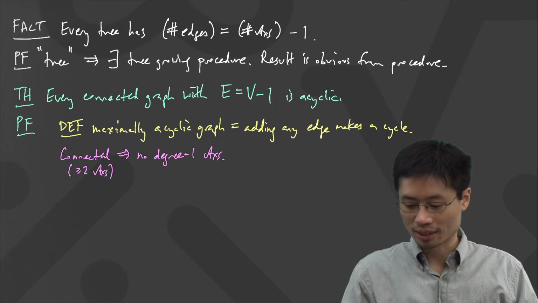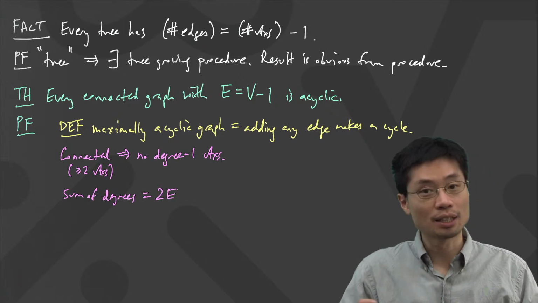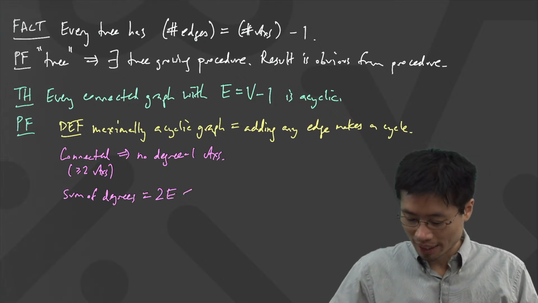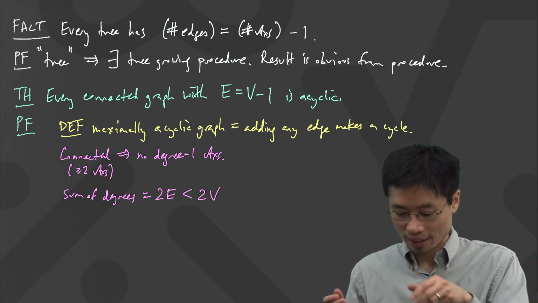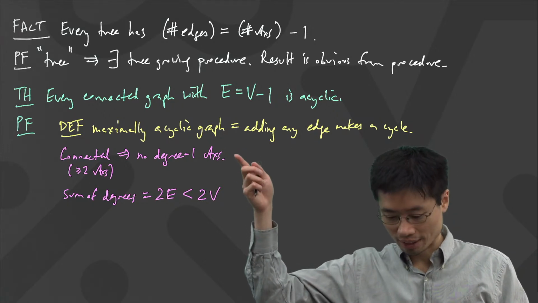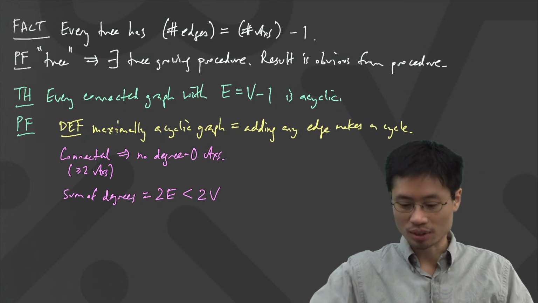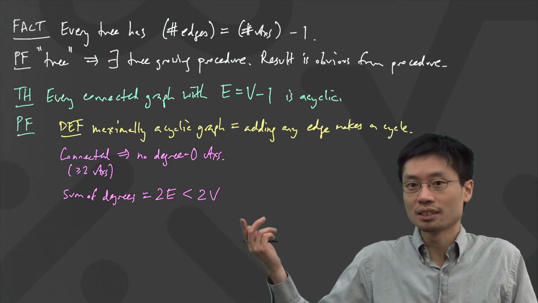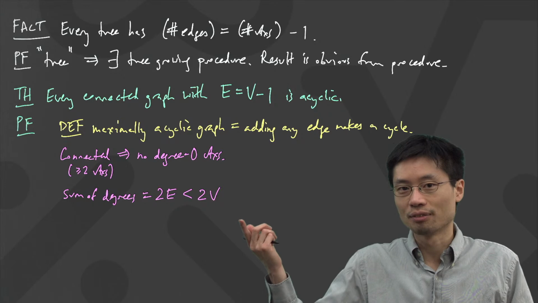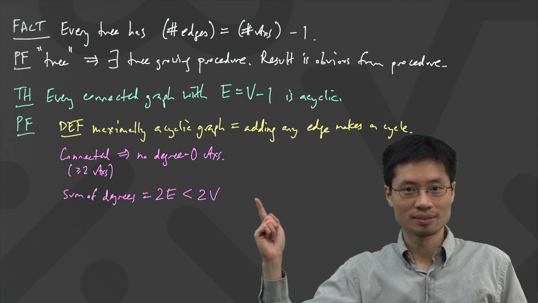And you know also that the sum of the degrees is equal to twice the number of edges. That was the handshake lemma which we did last time, and you're simply saying that's less than 2 times the number of vertices. So from that you're concluding that since there's no degree 0 vertices, that's what you wanted. Now if I have a bunch of vertices and the sum of all the degrees is less than 2 times the number of vertices, then I better have some degree which is strictly less than 2, and it's not allowed to be 0, so it's 1.